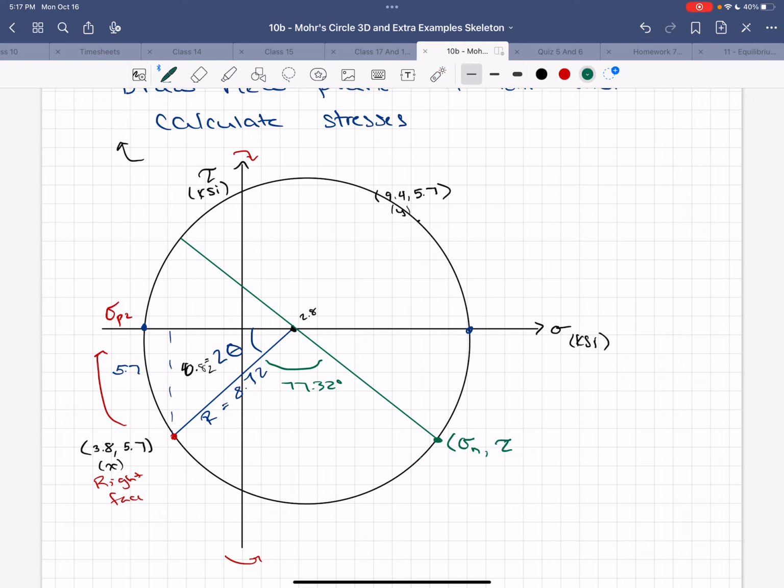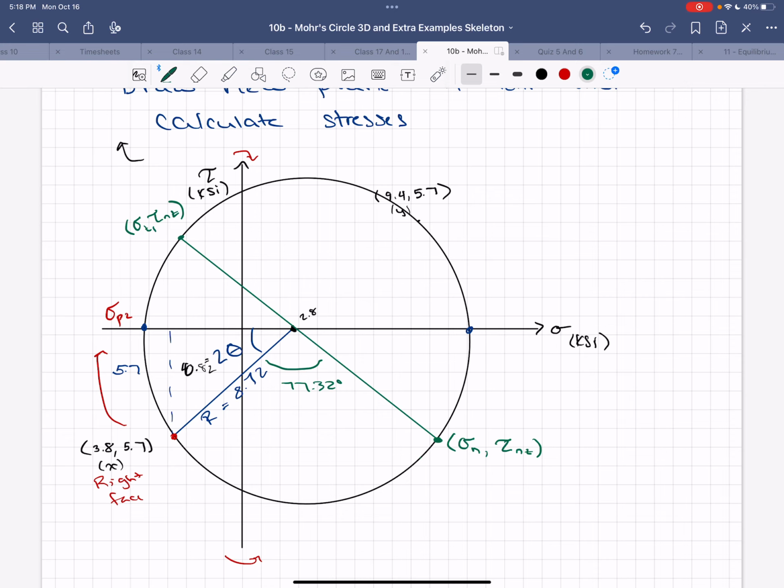And then tau, our shear stress, in the normal and tangent plane. And over here, we have our new sigma tangent, and our shear stress in the normal and tangent direction. Okay, so we can do this. So now we just have to calculate what these are.